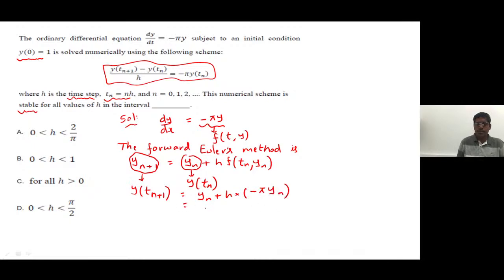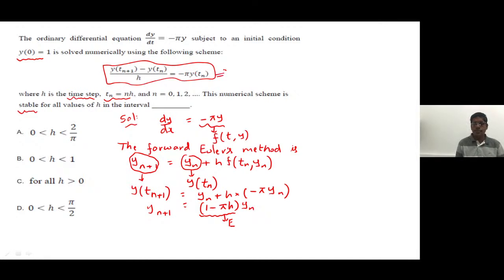So this can be written as (1 minus pi h) times y_n. That means finally y_n+1 is equal to E times y_n, where this is usually denoted by capital E, and I can write this expression y(t_n+1) like this finally.